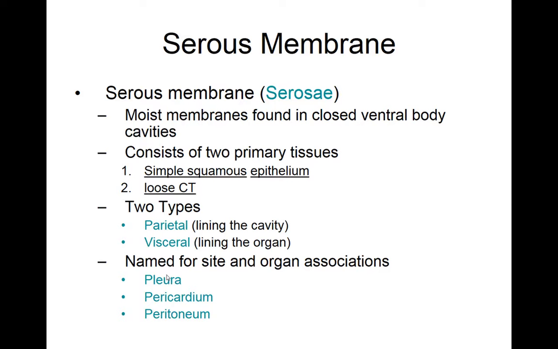So that's the function that we find here. Absorption, secretion, filtration, but also reduces friction. And then a loose connective tissue. Again, this is one that's going to have a lot of white blood cells in it, macrophages and mast cells. So it's there for protection, for immunity.